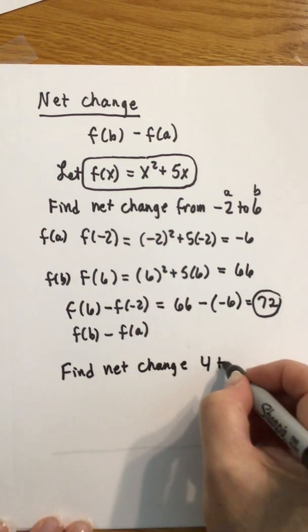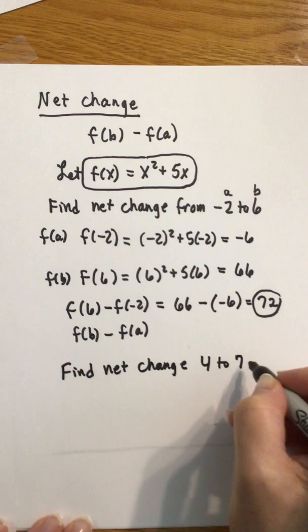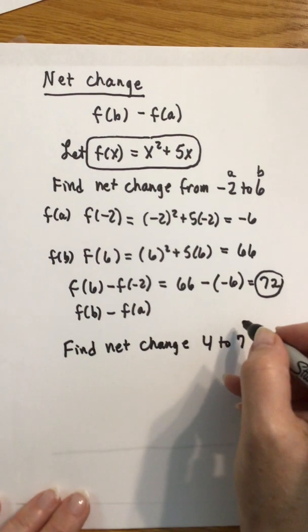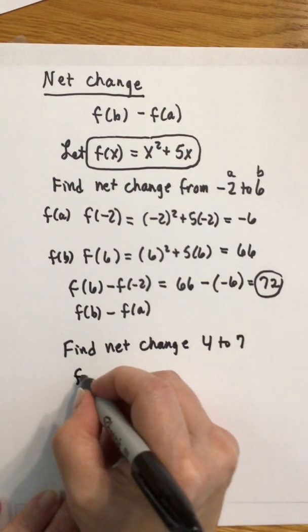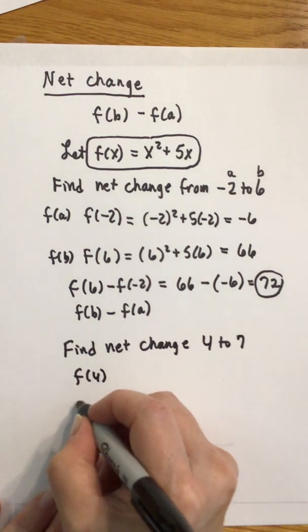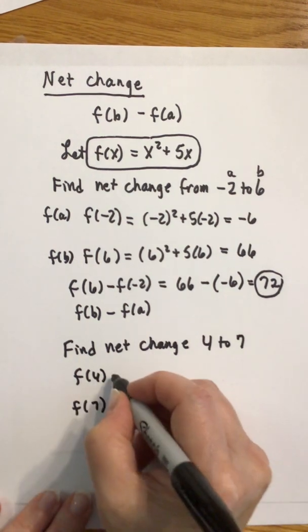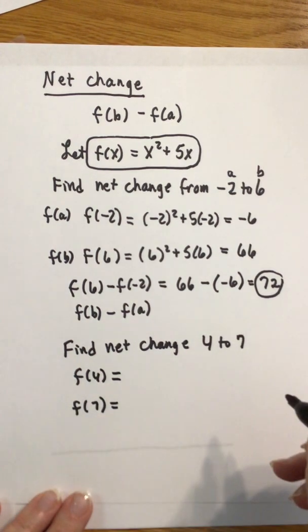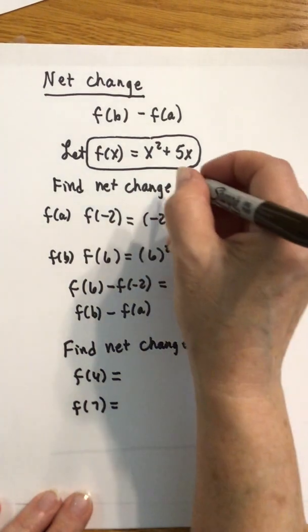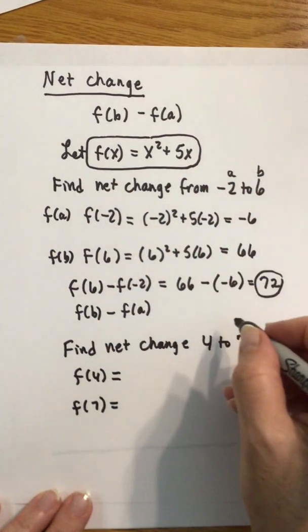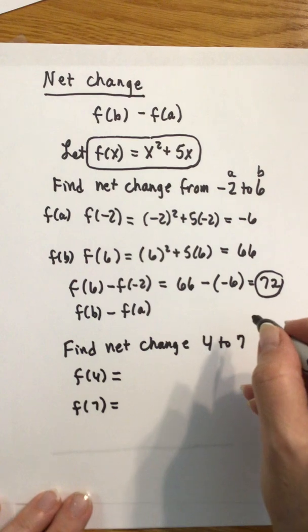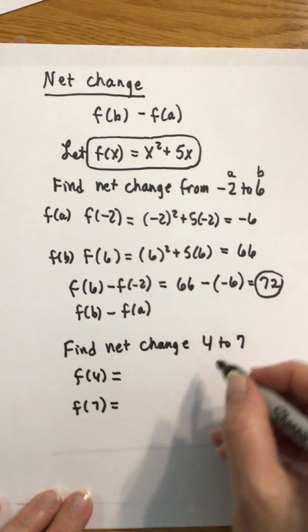from 4 to 7. So we find f of 4, and we find f of 7. And how do we do that again? By plugging it back into our function. f of x equals x squared plus 5x.